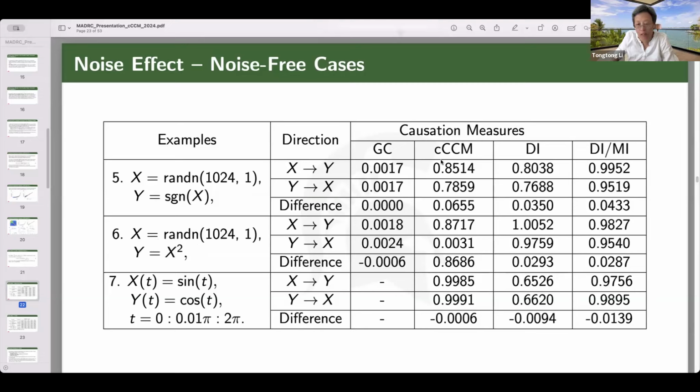CCM can detect this correctly, and GC cannot detect anything. DI detects the causality in one direction correctly, but makes a mistake in the other direction. That is why I said CCM is easier to use than DI. It is also more robust.